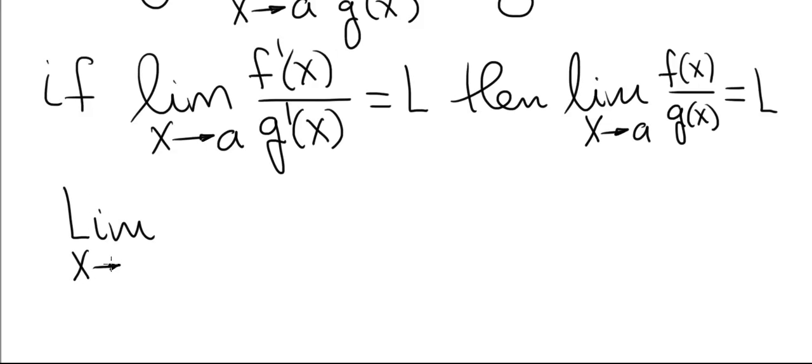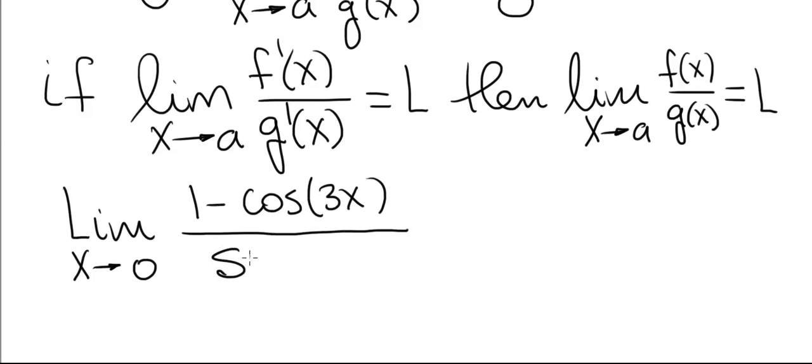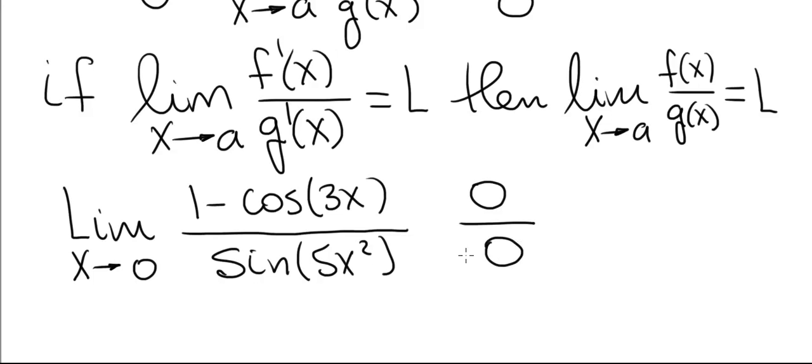Limit as x approaches 0 of 1 minus cosine of 3x divided by the sine of 5x squared. As x approaches 0, clearly both numerator and denominator approach 0, so we do in fact get indeterminate form 0 over 0, and that means that L'Hopital's rule can be applied, and we're going to do that.